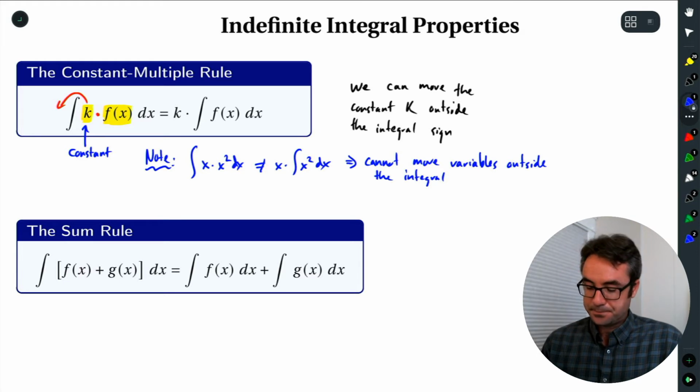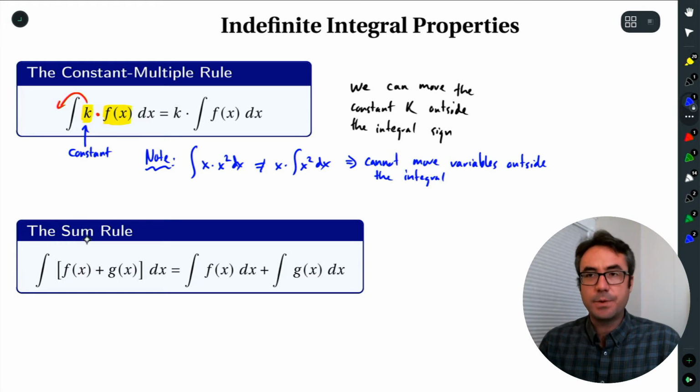All right. So we also have what we call the sum rule. What this says is if we have two functions, f of x plus g of x, and we want to calculate their antiderivative with respect to x, what we can do is focus in on the first function, so find the antiderivative of f of x. Then we can focus in on just that second function, so get the antiderivative of just g of x, and then add those two antiderivatives together.